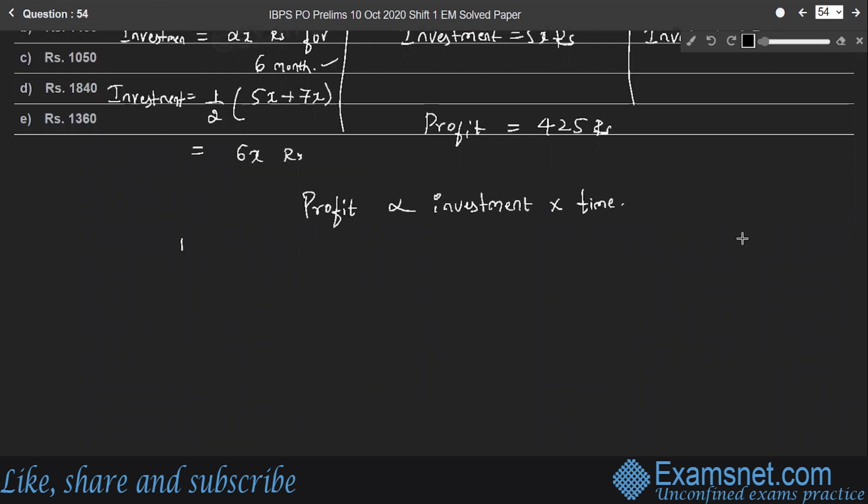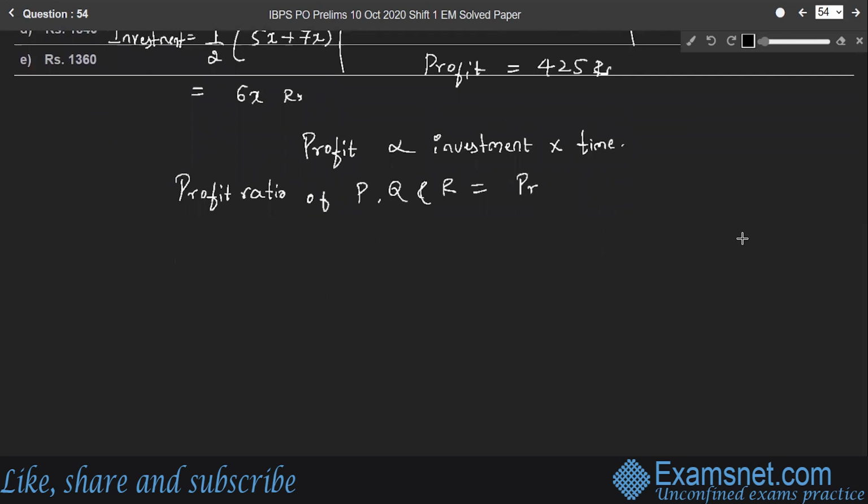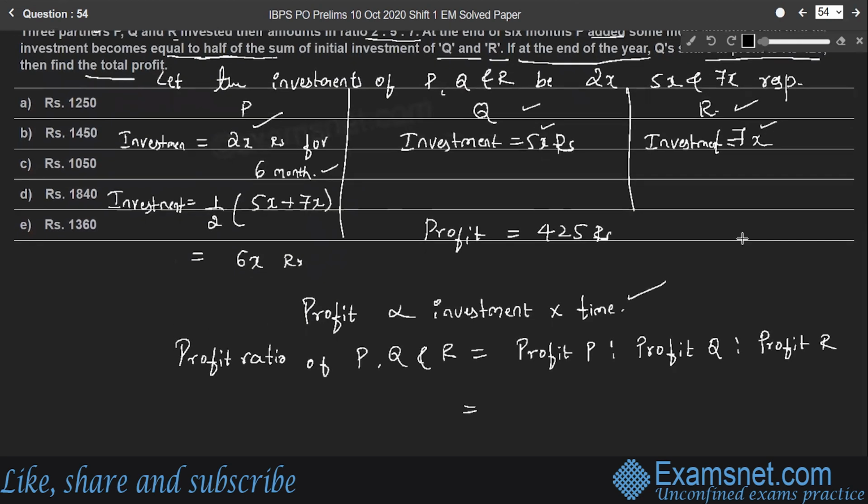The profit ratio of P, Q and R, that is, profit of P is to profit of Q is to profit of R, is investment of P into time is to investment of Q into time is to investment of R into time.